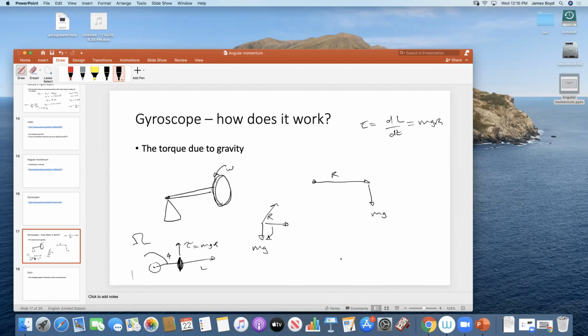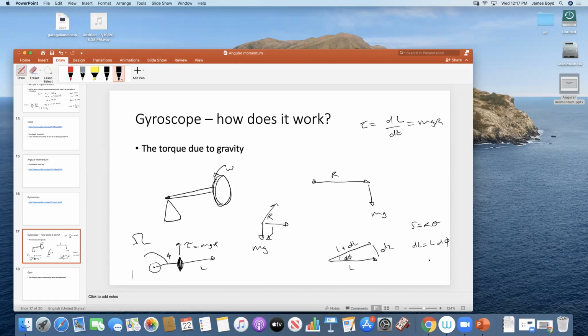The last thing I need to comment on is if I have an angular momentum vector L, and then at some later precession time, after my angle changes by d phi, I have L plus dL. This is dL. And assuming these are small enough, from s equals r theta, we know that dL is equal to L d phi, okay?